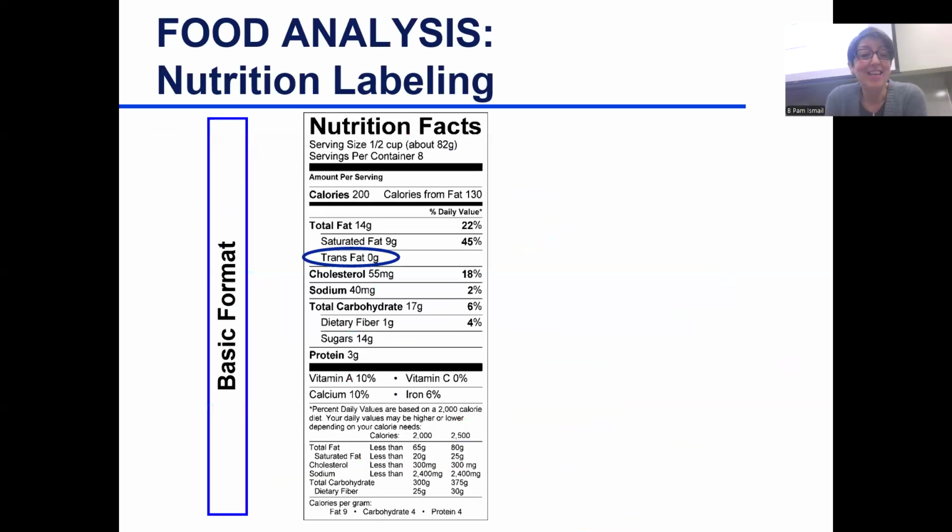All right. There have been changes over the years to the nutrition label. Specifically, in 2003 they added trans fat. It wasn't part of the 1990 act, but because of complications with trans fat and its relationship to cardiovascular diseases, and because partial hydrogenation can lead to trans fat.